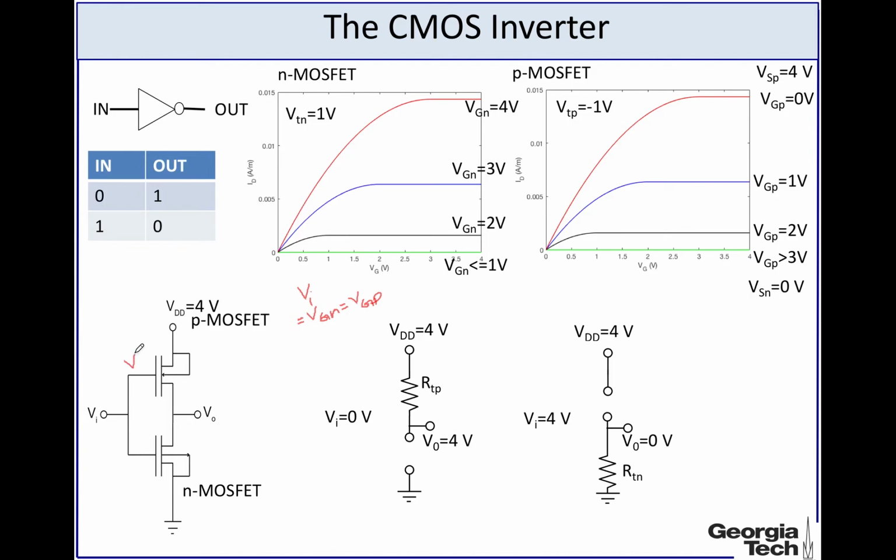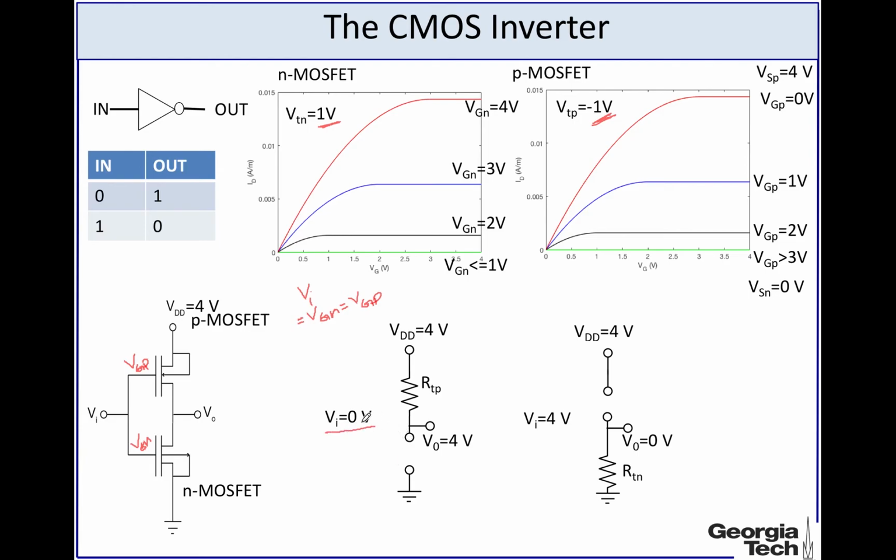The N-type MOSFET has a threshold voltage of 1 volt, and the P-type MOSFET has a threshold voltage of -1 volt. Let's first see what happens when VI equals 0.